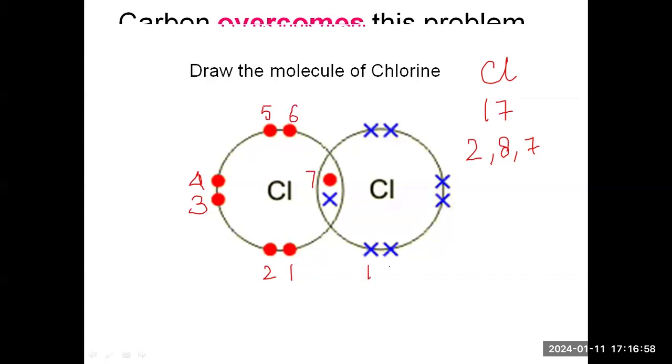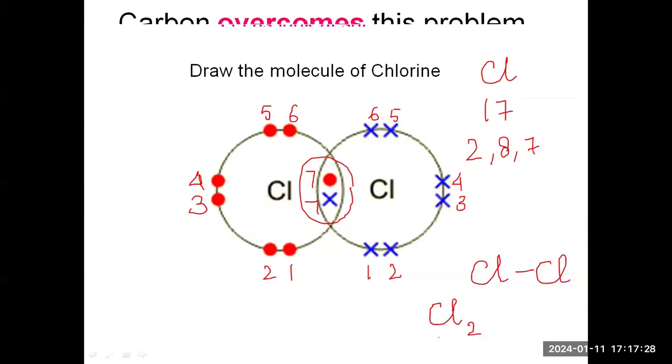And for the other chlorine, 1, 2, 3, 4, 5, 6, and 7. So one electron is shared between the two, which makes the octet complete. So this is how one chlorine atom makes a covalent bond with another chlorine atom, and we write it as Cl2. So this is also monovalent.